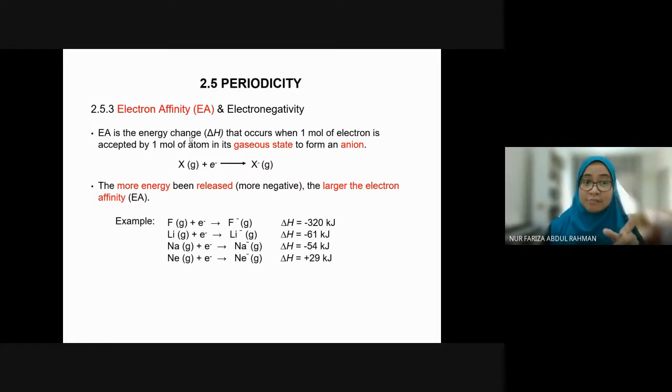Ionization energy, remember, is the energy required to remove 1 mole of electron from 1 mole of atom in gaseous state. But EA is the energy change, the perubahan tenaga, that occurs when 1 mole of electron is accepted by 1 mole of atom in its gaseous state to form an anion.